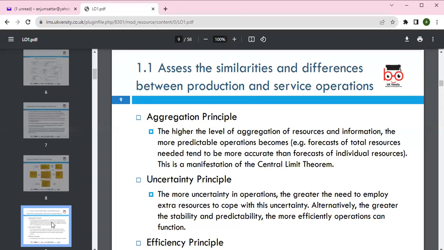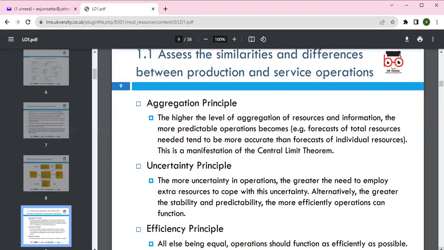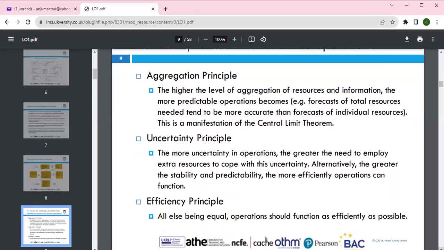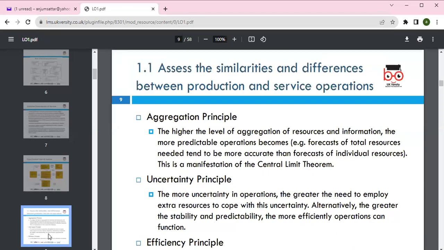Uncertainty principle: the greater the uncertainty in the operation, the greater the need to employ extra resources to cope with it, and greater stability will help improve operational efficiency. Efficiency principle: all things being equal, operations should function as efficiently as possible. That's what we need to look around.